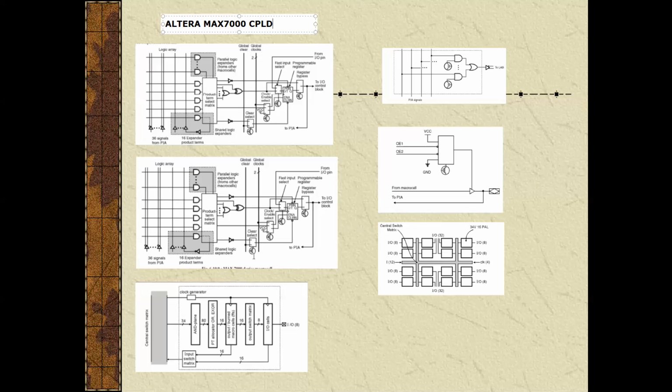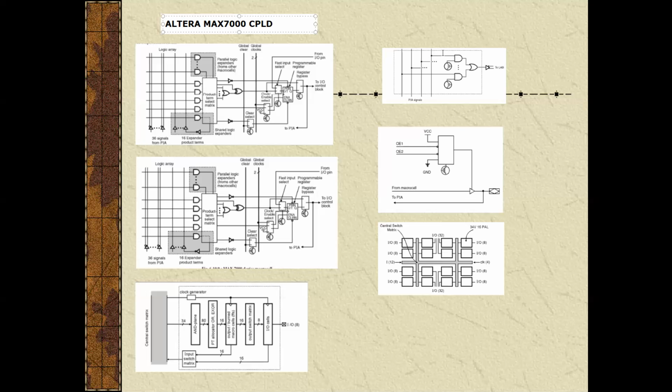Then the second one is the programmable interconnect array. The logic is routed between the logic array blocks through the programmable interconnect array. The signals required by each logic array block are routed from the programmable interconnect array into the logic array block.